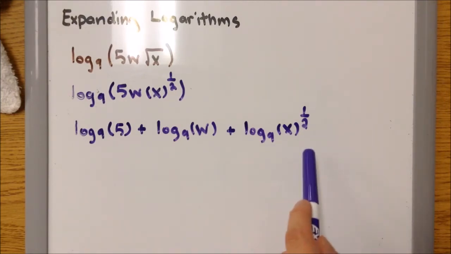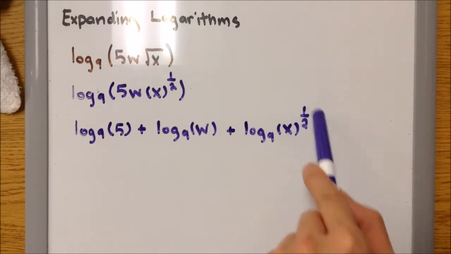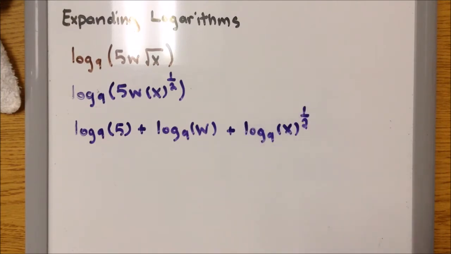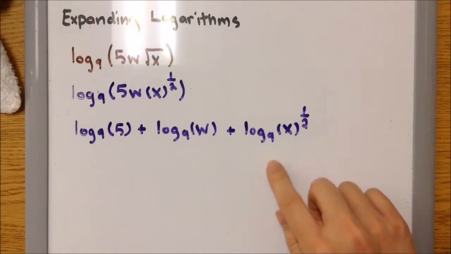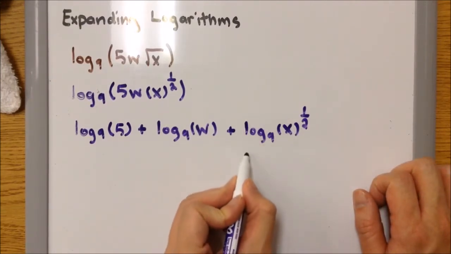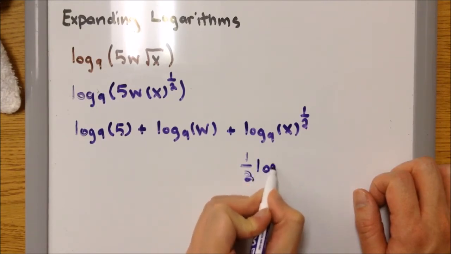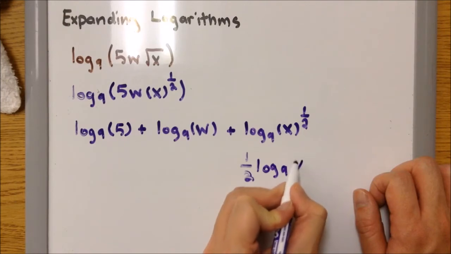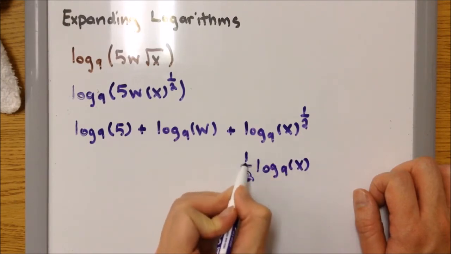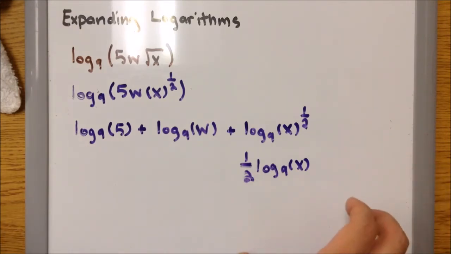Yes, I can. I can use the power property where I move the exponent to the front of the log. So I'm going to move the exponent 1/2 in front of the log. So it's going to be 1/2 log base 9 of x. Now, I can't just leave it like that.